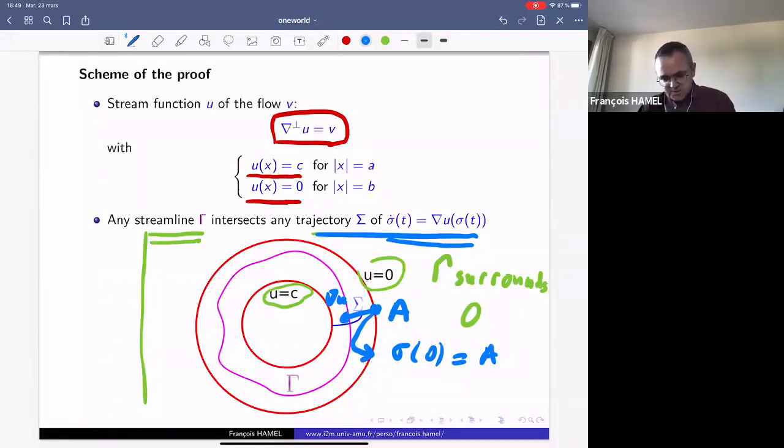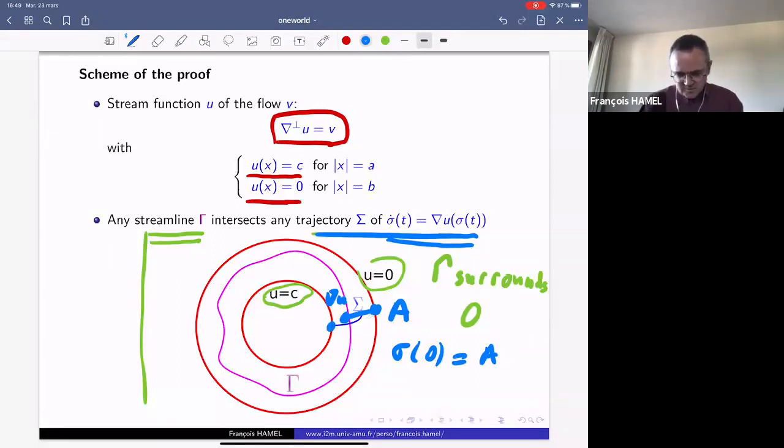It's an important fact. Since u is constant on the outer boundary, the curve capital sigma cannot go back to the outer boundary. Also it cannot make infinitely many turns because u is bounded in the closed annulus. Therefore capital sigma has to end somewhere at the inner boundary.